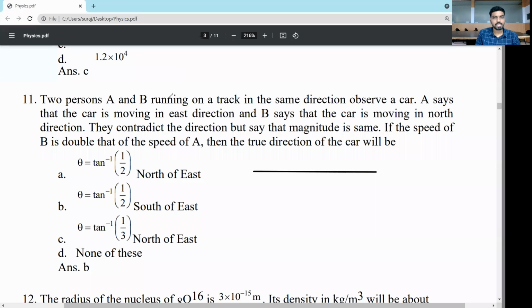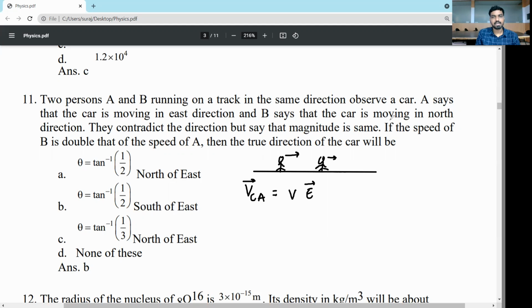This is A and this is B. A says that the car is moving in east direction. That means the velocity of car with respect to A equals V in east direction.